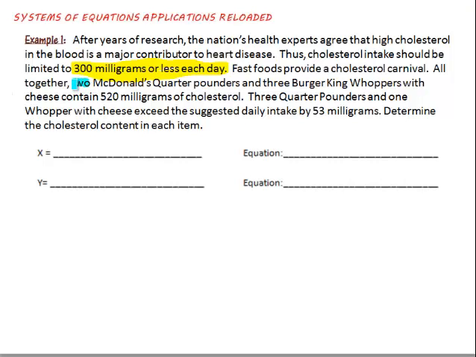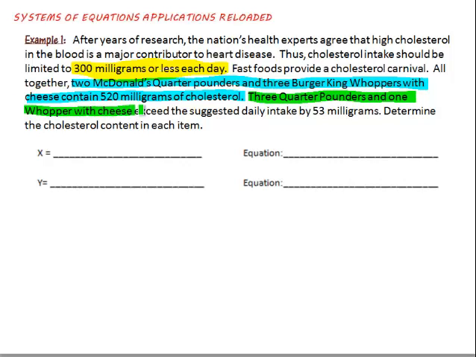Altogether, 2 McDonald's Quarter Pounders and 3 Burger King Whoppers with cheese contain 520 milligrams of cholesterol. That's where we're going to get our first equation from. The second equation is going to come from this next sentence. 3 Quarter Pounders and 1 Whopper with cheese exceed the daily intake by 53 milligrams. So this is where we're going to get both of our equations from.